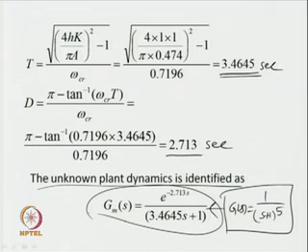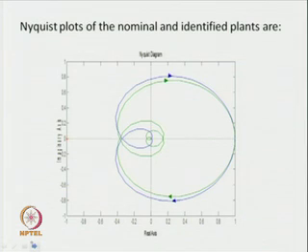Now, how to validate the accuracy of identification? For that, what we have done? To investigate the modeling accuracy using the frequency response plots of both the actual and identified plant, we have obtained the Nyquist plots of the nominal and identified plants.